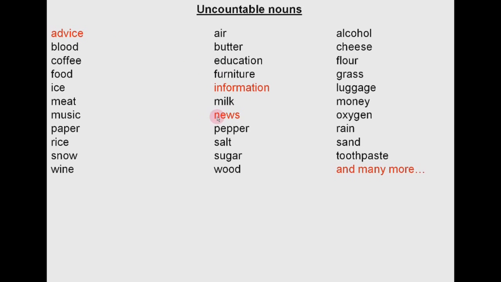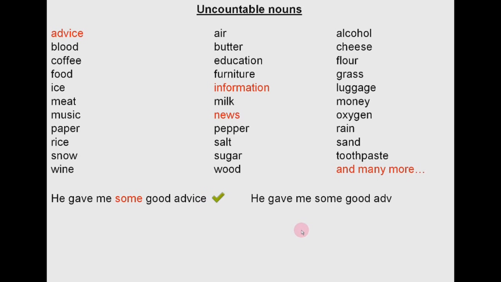All right? But in English, they are uncountable. For example, in English, we would say, "He gave me some good advice." That is correct. Advice is singular. We do not say, "He gave me some good advices." That is wrong in English.